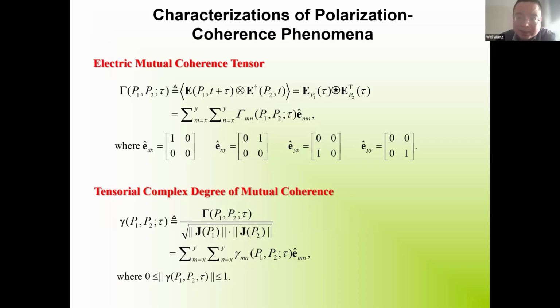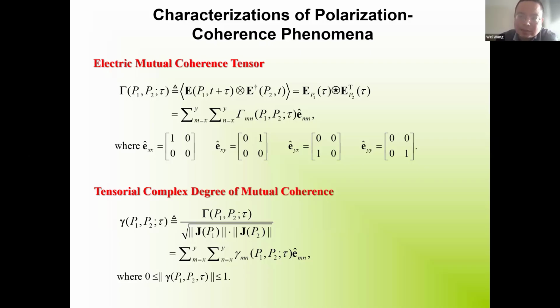Once we represent the mutual coherence tensor in this way, we know that, similar to a vector, which has its direction and also its magnitude, a tensor also has a magnitude and a direction.